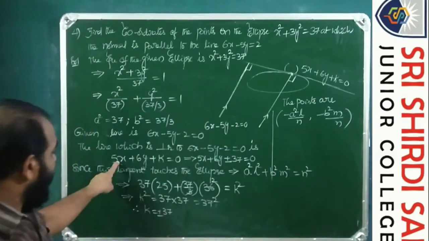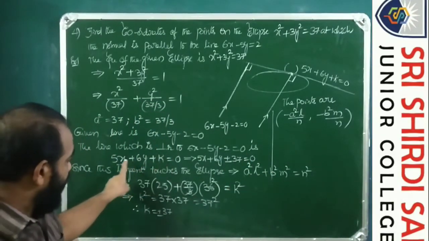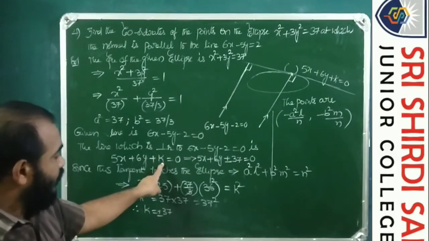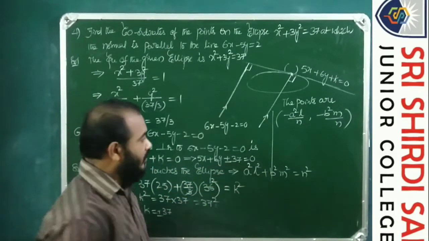Here ax plus by plus c equals lx plus my plus n equals to 0, and n here is plus or minus 37. Now substitute.